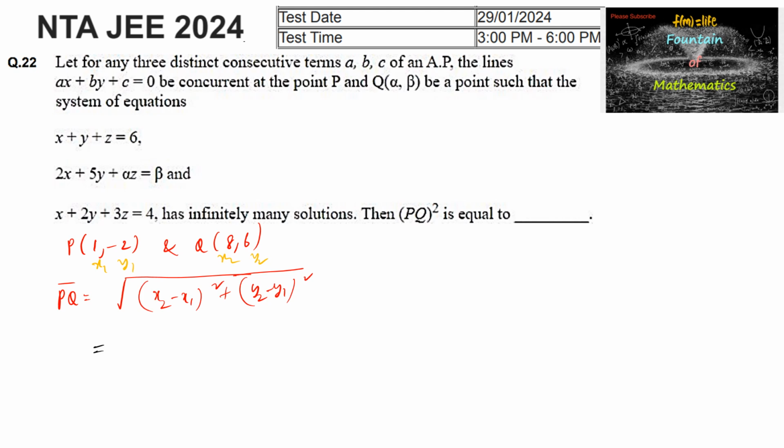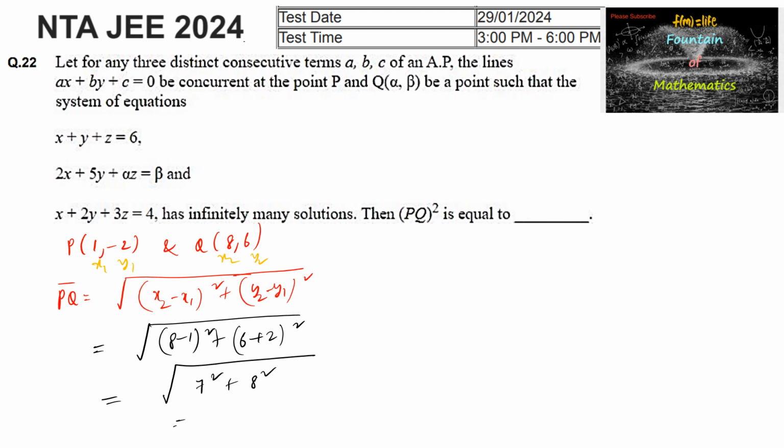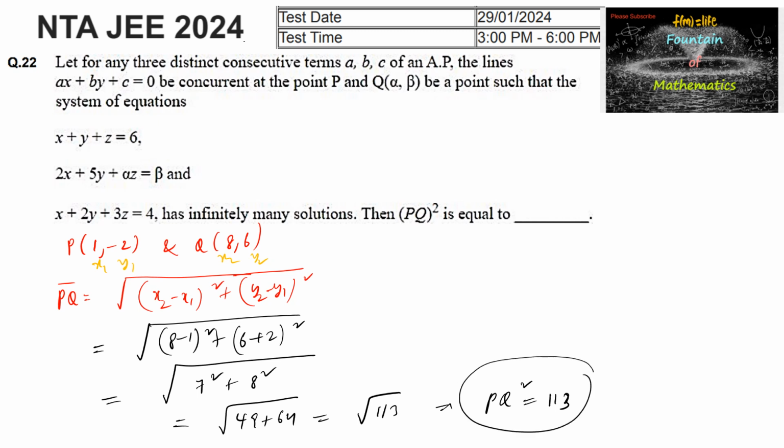So which is equal to under root of x2 minus x1, that is 8 minus 1 whole square, plus y2 minus y1, that is 6 minus of minus 2 whole square, which is equal to under root of 7 square plus 8 square, that is root of 7 sevens are 49 plus 64, that is 113, root 113. So we can say PQ is equal to root 113, or PQ square is equal to 113. So the value of PQ square can be taken as the answer, 113.